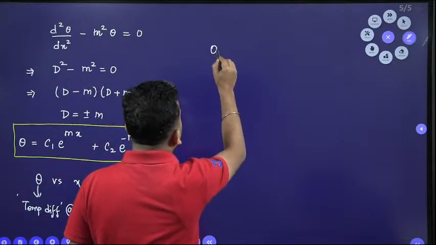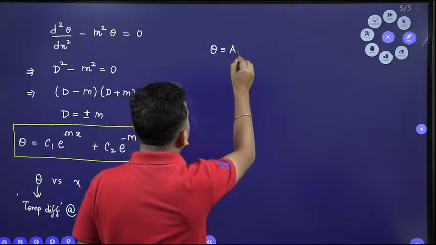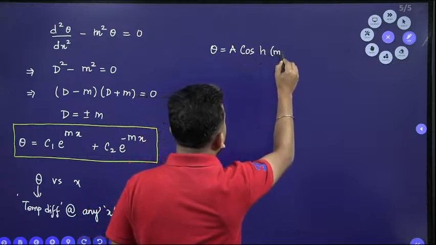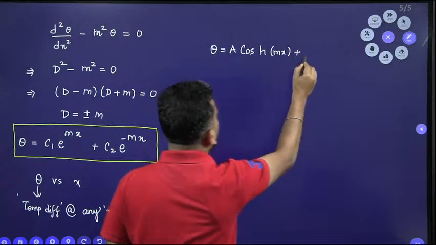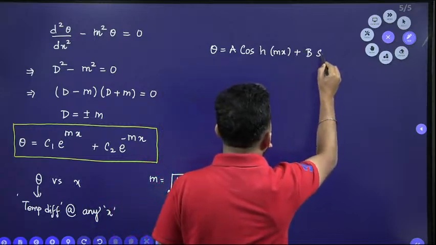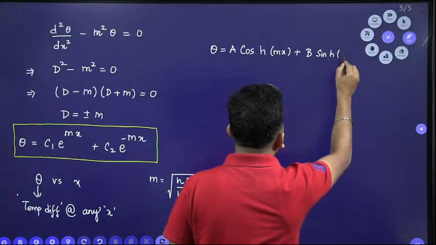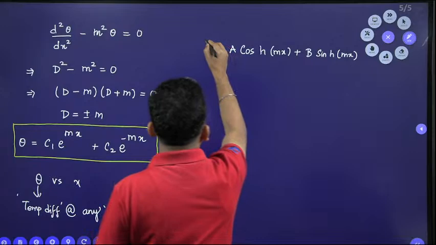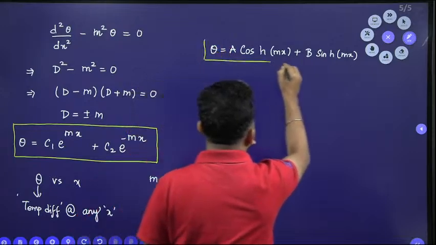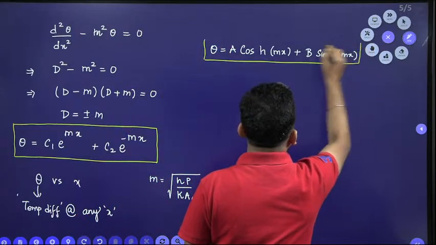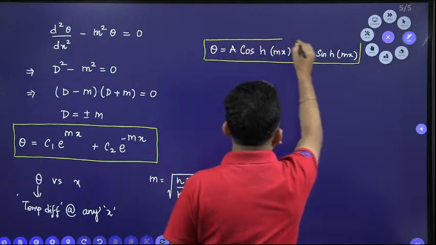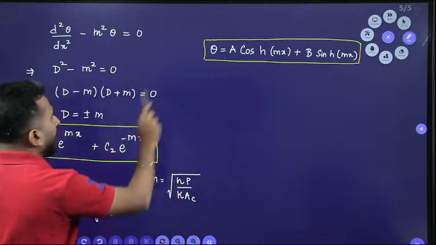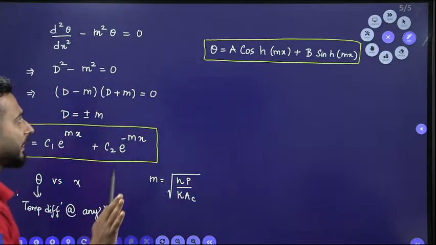This theta can also be written as a cos hyperbolic mx plus b sin hyperbolic mx. This equation and the previous equation are the same, no differences are there.